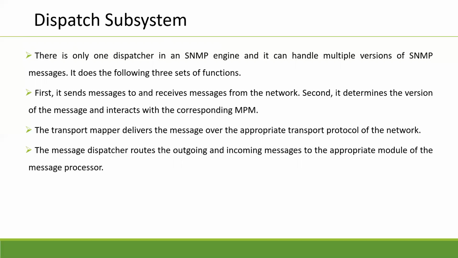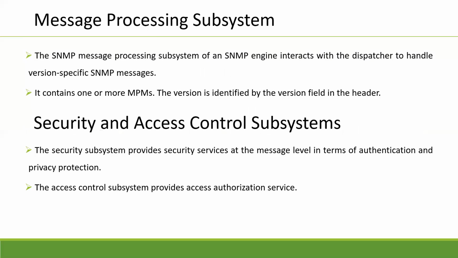The message dispatcher routes the outgoing and incoming messages to the appropriate module of the message processor. Suppose a message is received for an SNMP version which is not handled by the message processing subsystem. This is the dispatch subsystem.